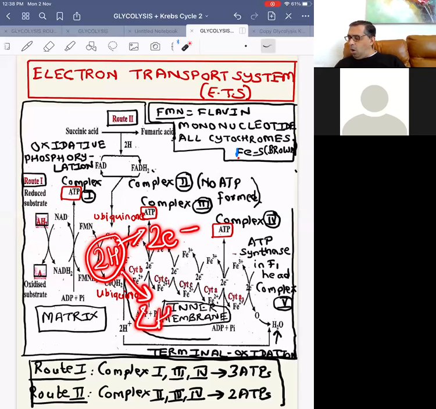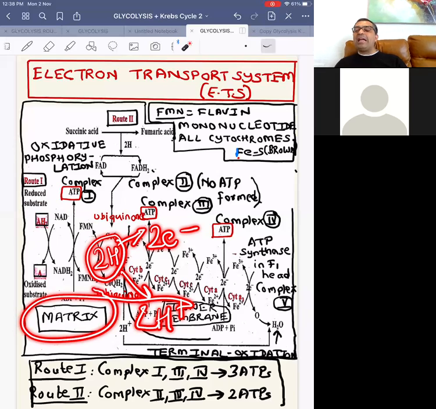And protons remain in the matrix. Where did the Krebs cycle happen? In the matrix.